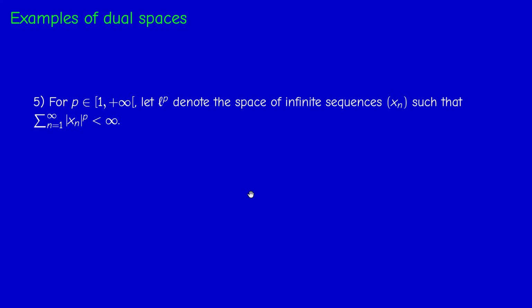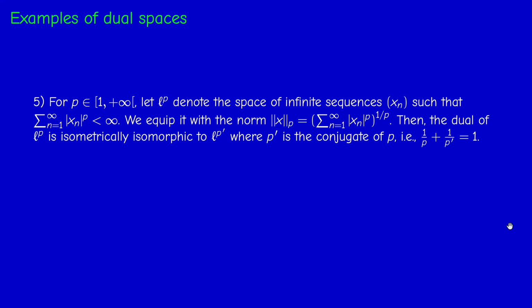Now, same idea, but more general. If I pick a number p which is at least 1, and I consider the space small l^p that you probably encountered in second year, the space of infinite sequences such that this series is convergent. And on the space, we put this norm, the l^p norm, that you should be familiar with.